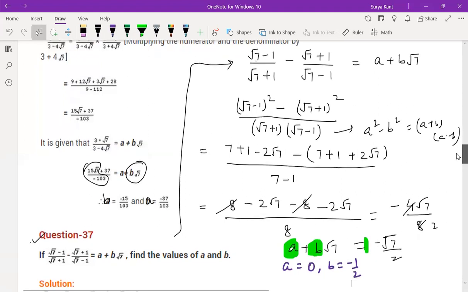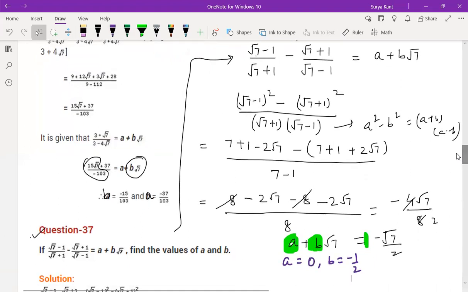Shranvi, Harini, you are getting the same answer. And Sai Charan, you are also getting the same, I think. Right?